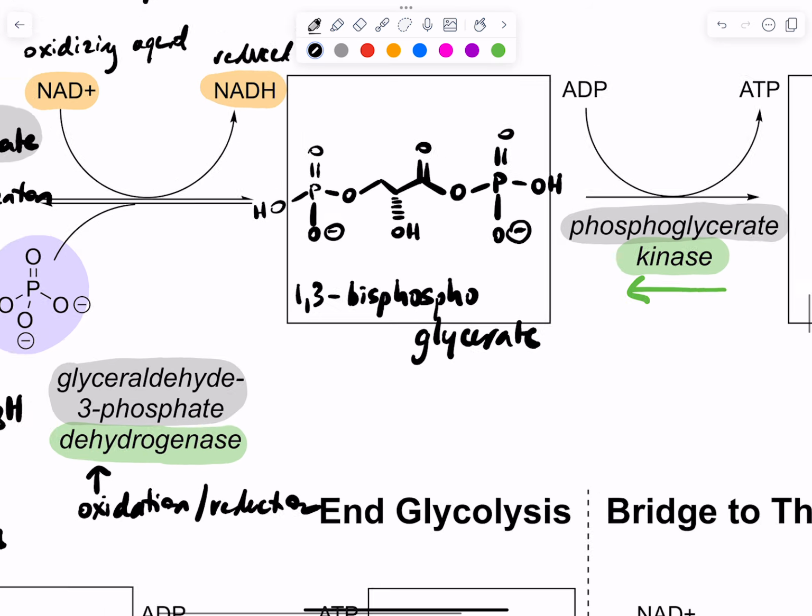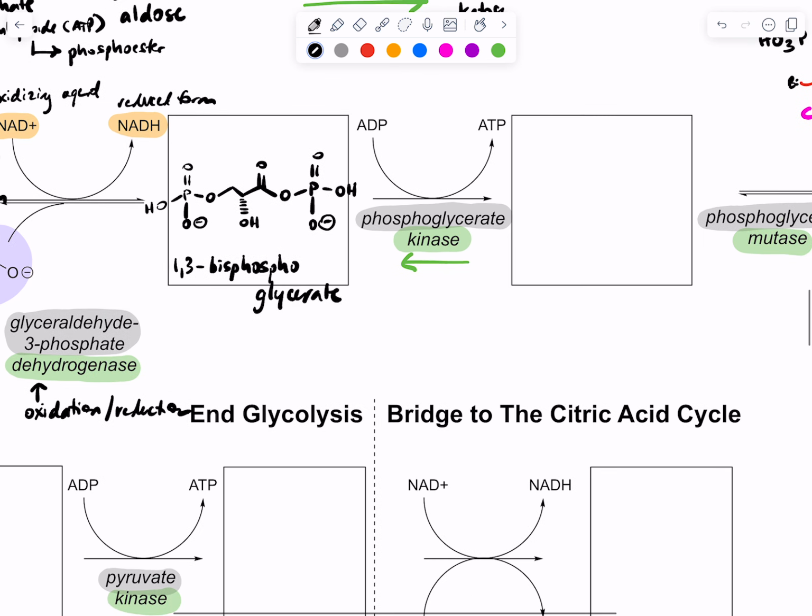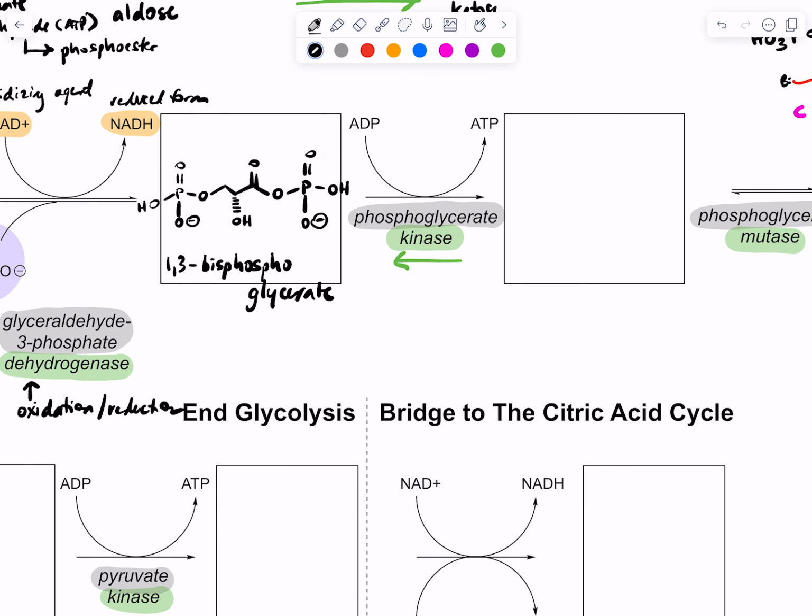So you may have to memorize that. If you've got that, then you notice that the next enzyme is called phosphoglycerate kinase, but I told you it's named for the backward step.